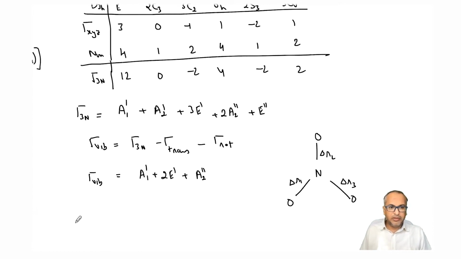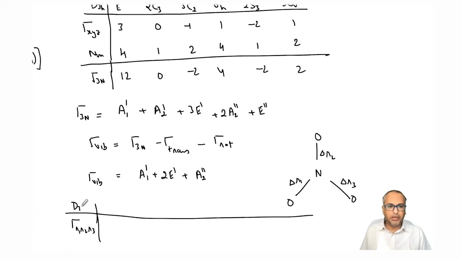So if I create tau R1, R2, R3 under D3h, I will see that I'll get a representation like 3, 0, 1, 3, 0, 1, right?